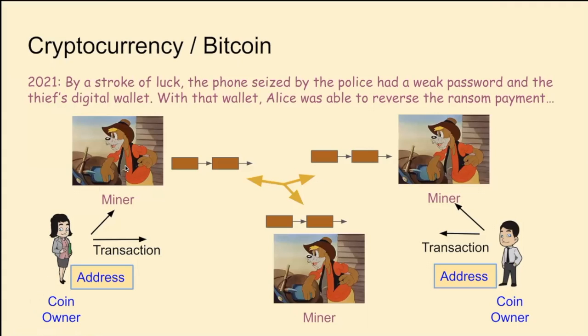And then there are so-called miners. And the miners, the metaphor is gold miners, of course. The miners are the people who actually control the blockchain. They're the people who add new blocks to a blockchain.